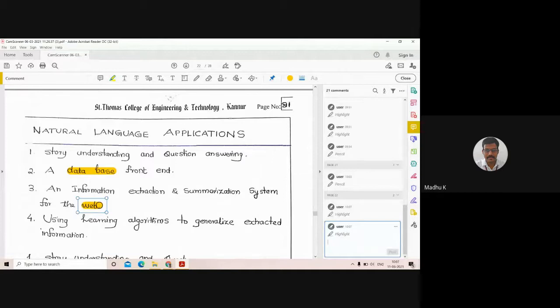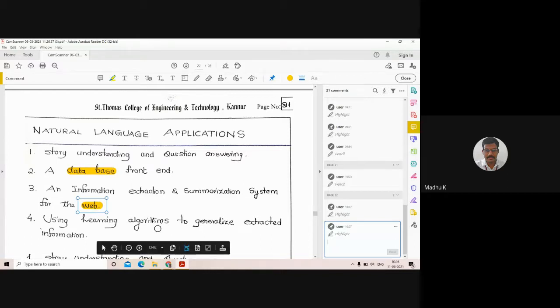The web contains huge knowledge. Each web page is knowledge, and there are millions of web pages. They can be analyzed, and information is extracted and summarized using NLP applications.